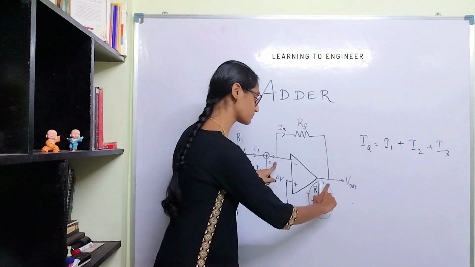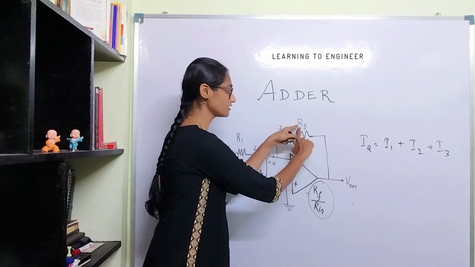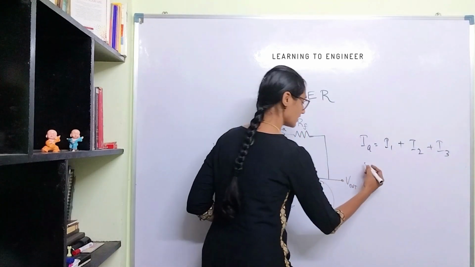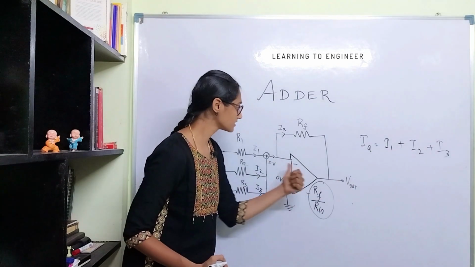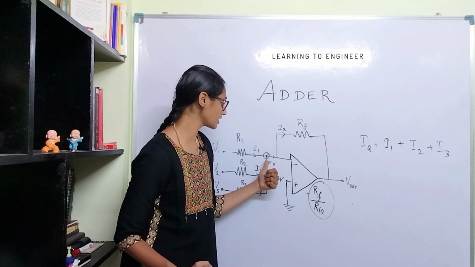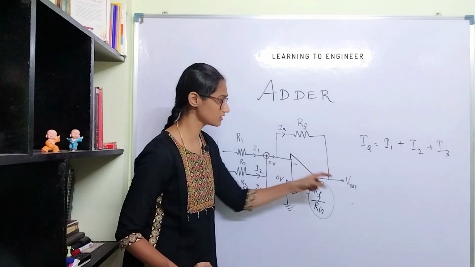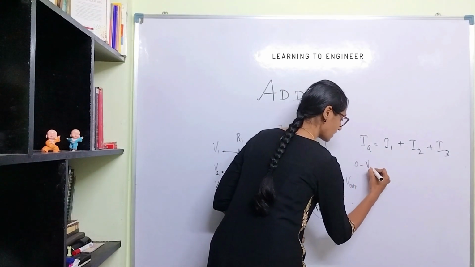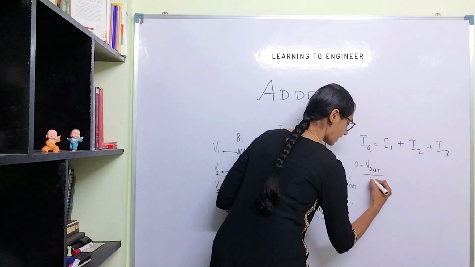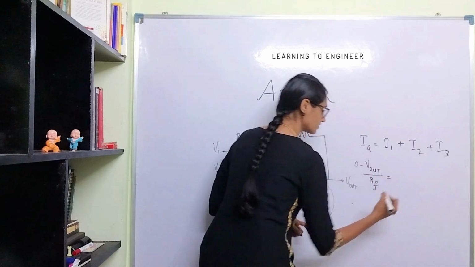The difference in voltage between these two ends divided by this resistor. Since the direction is from here to here, I am assuming that this is the higher potential and this is the lower potential. So IA will be 0 minus V out divided by RF, which is equal to I1.